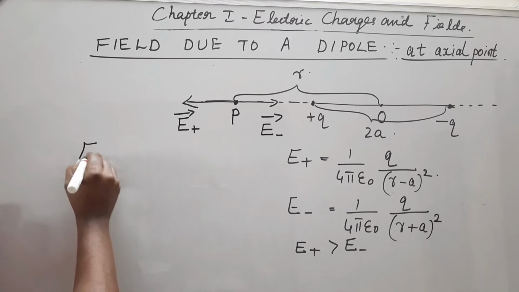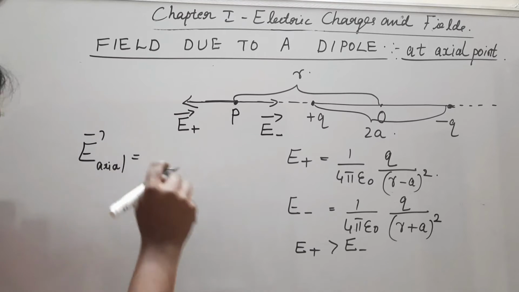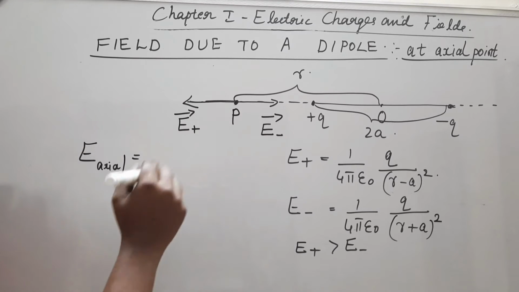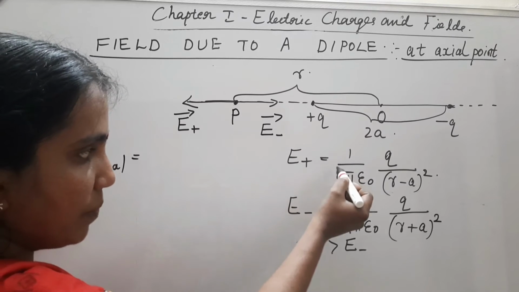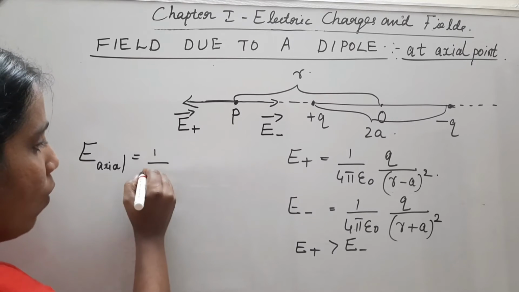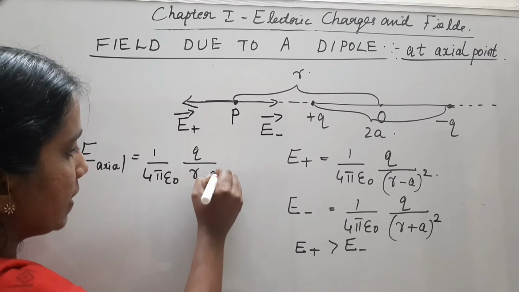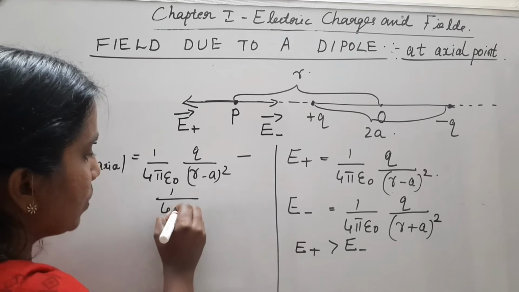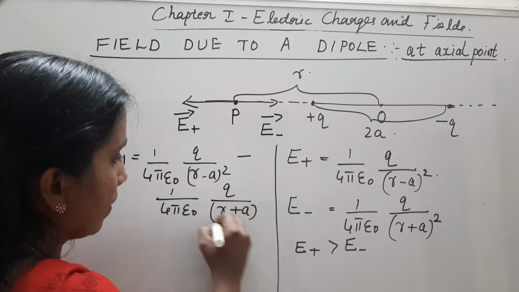Net electric field E, suppose we write it as E axial, because we are finding the expression for the field at an axial point. We are writing the magnitude. So E axial is equal to, which one is larger? E plus is larger. From that you have to subtract E minus. So our expression becomes 1 by 4 pi epsilon 0 Q divided by R minus A square minus 1 by 4 pi epsilon 0 Q divided by R plus A square.